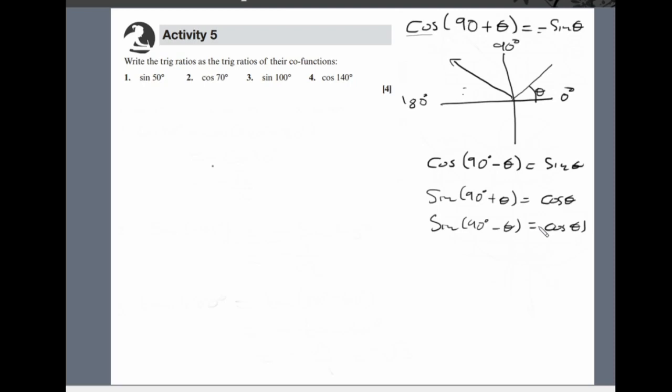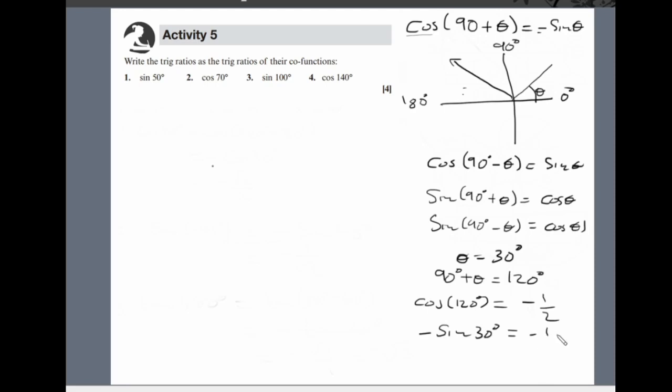And if you say minus sine 30, that's also minus 1 over 2.